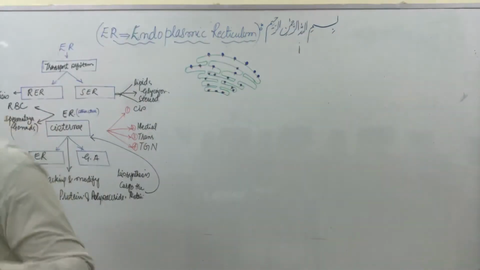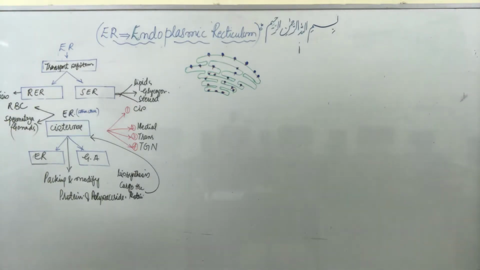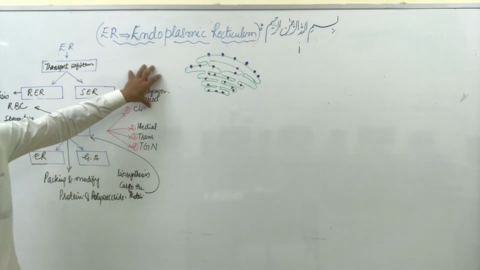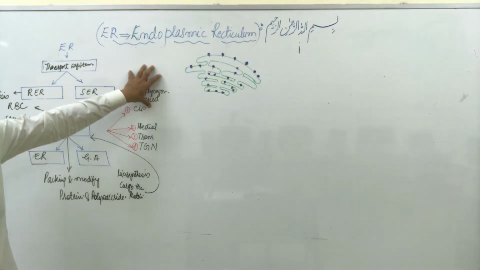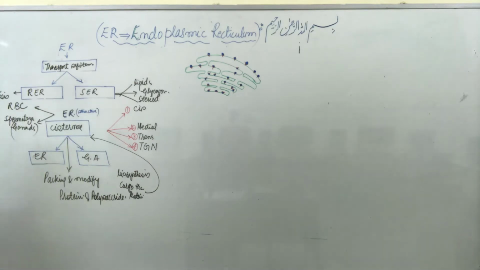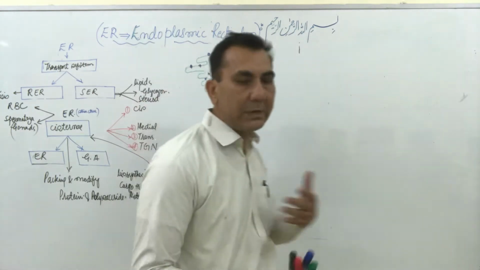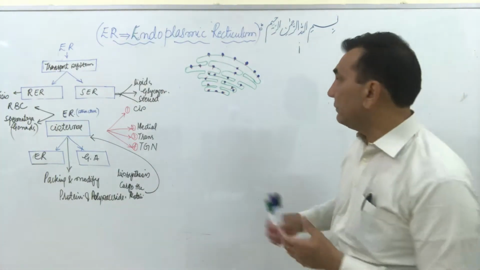Now the rough endoplasmic reticulum synthesizes the protein, and the smooth endoplasmic reticulum synthesizes the lipid, the fatty acid, and the cholesterol. So now we will go on to how they are interchanged with each other, the rough endoplasmic reticulum and smooth endoplasmic reticulum.